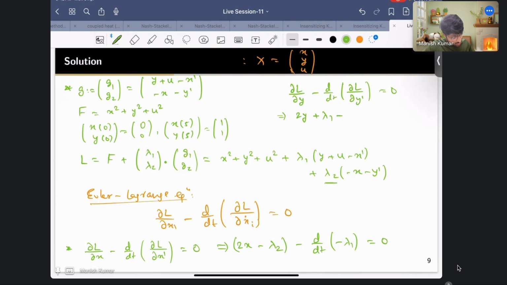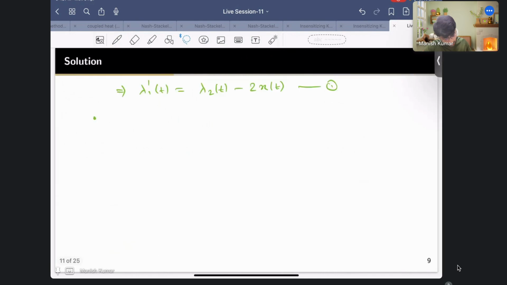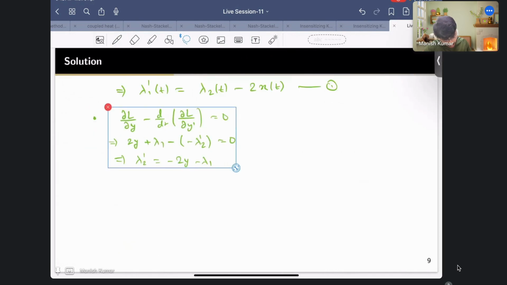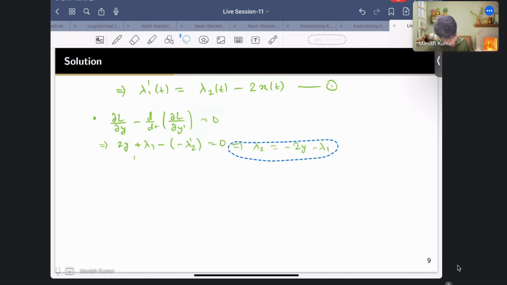So you'll get minus lambda 2 and then differentiate. So minus lambda 2 prime equal to 0. So from here you get lambda 2 prime equals minus 2y minus lambda 1.